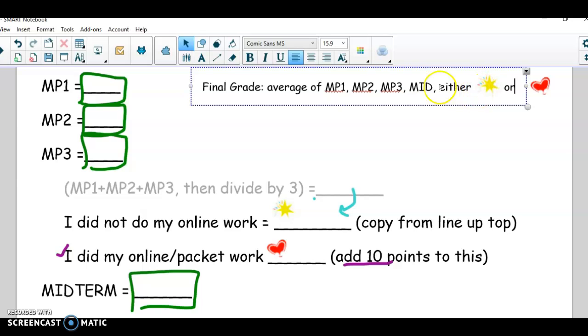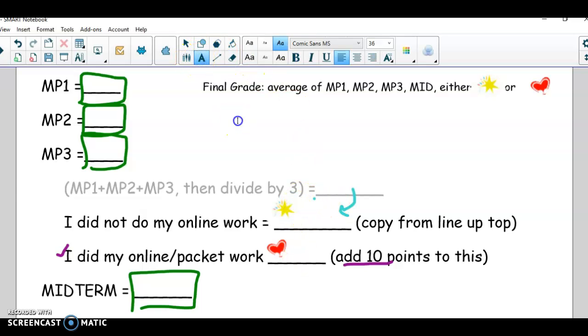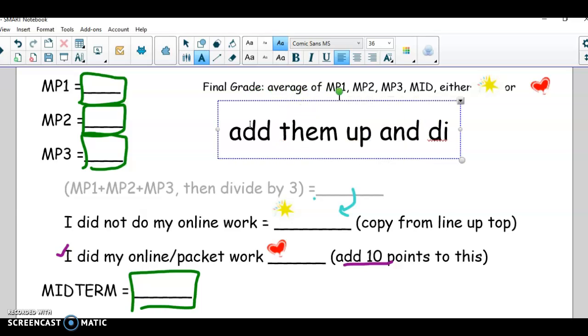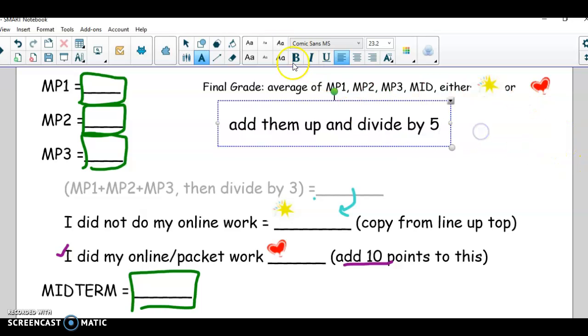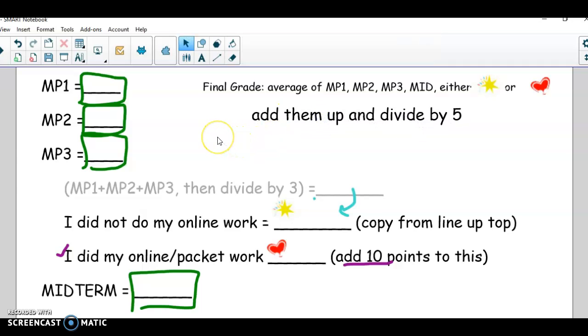You add them up. So you would add up your number here, your number here, your number here, your number here, and whatever you have here or here, not both of them, and then you divide. So add them up, and there should be 5, and divide by 5. And that will be your final grade, okay? That's how you determine your grade for your full-length courses, all right?